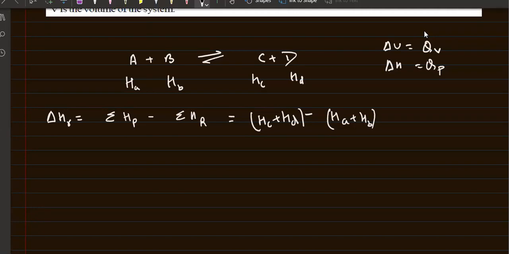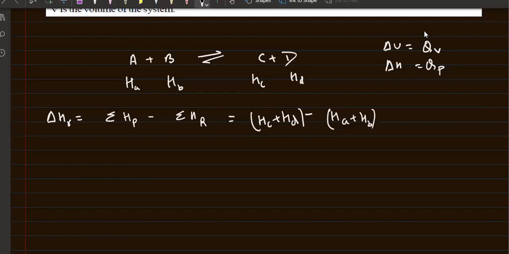In one case we keep volume constant and calculate the net change in heat energy. At constant volume, that will give you delta U, because no work is being done in that case. Now if you keep pressure constant, meaning the piston can move and volume can change, then it will give you delta H.